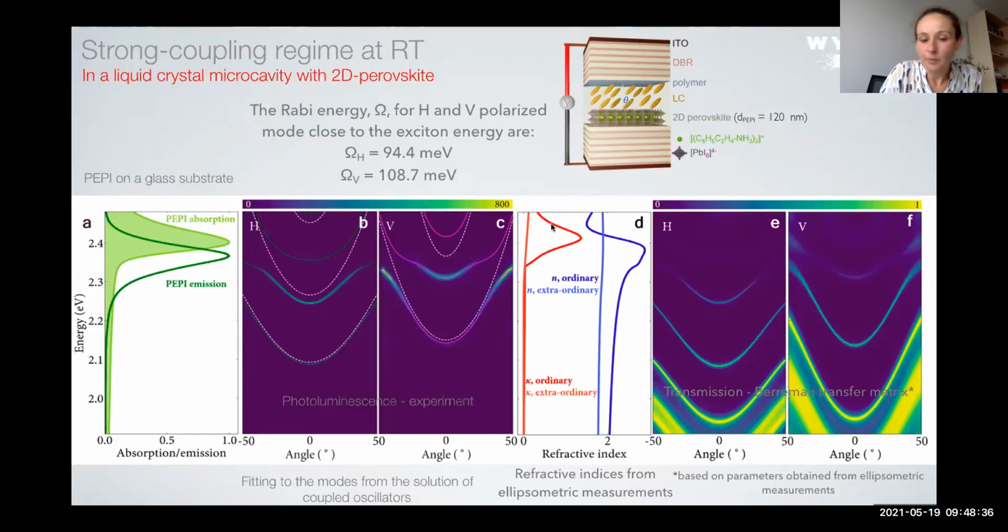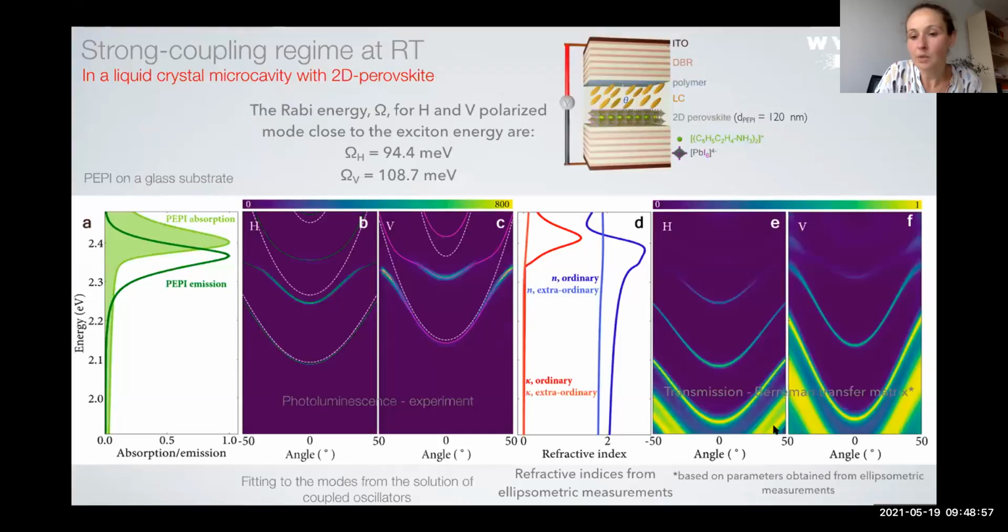Two-dimensional perovskites are also a birefringent material. From ellipsometric measurements, we could estimate what the birefringence is for our perovskite, and then we could also model the transmission for the modes.